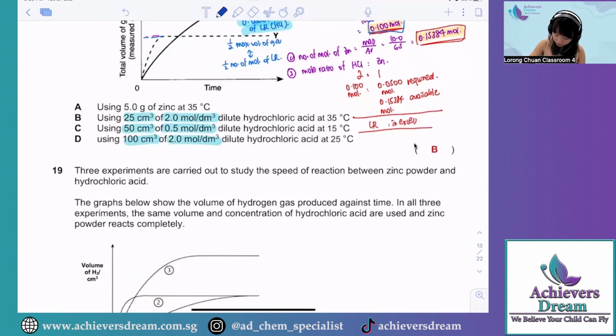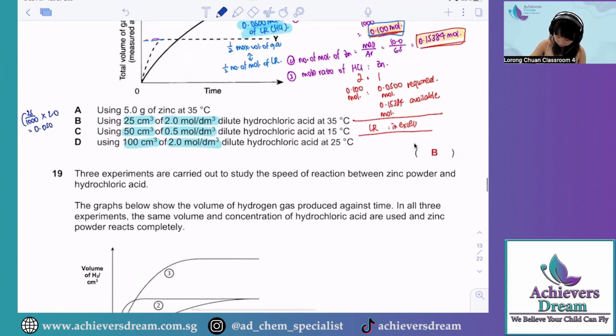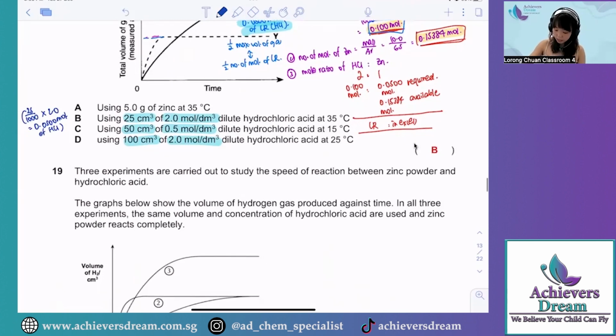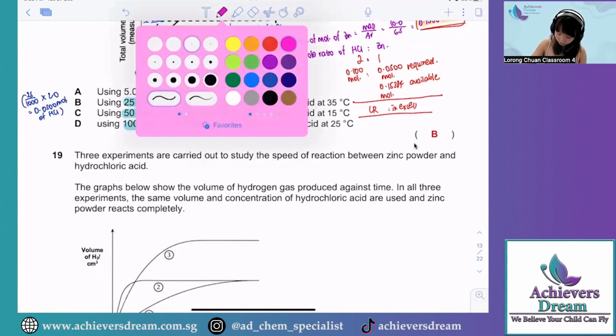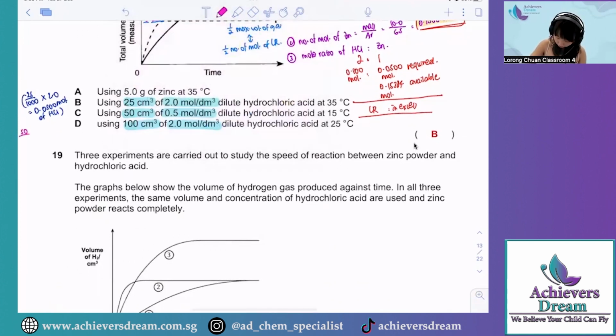For option B, 25 over 1000 dm³ times 2 would give you 0.05 moles of HCl. And for option C, you have 50 over 1000 times 0.5. That will give you 0.025 moles of hydrochloric acid.